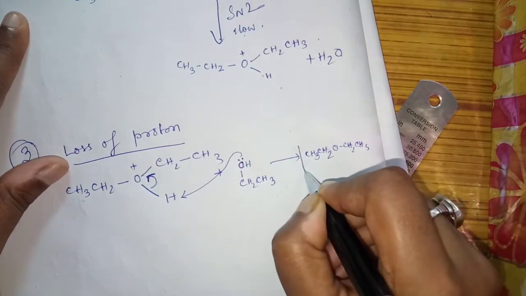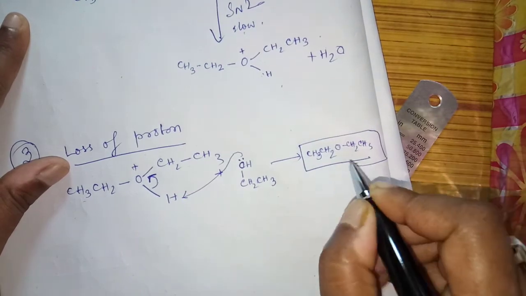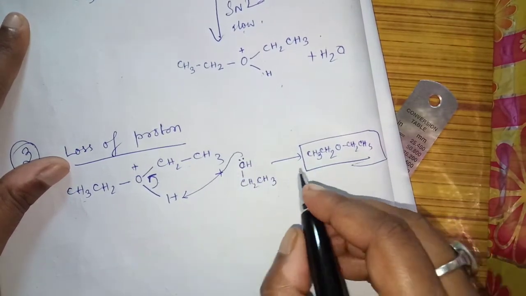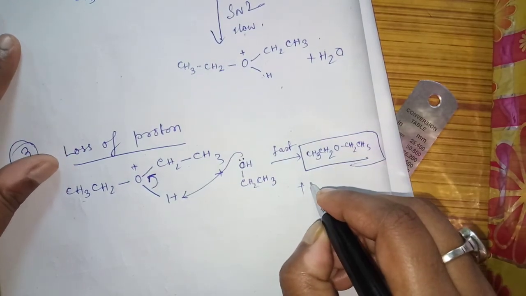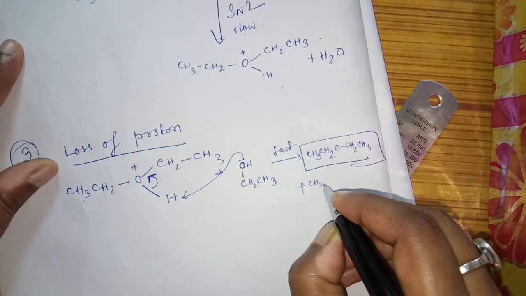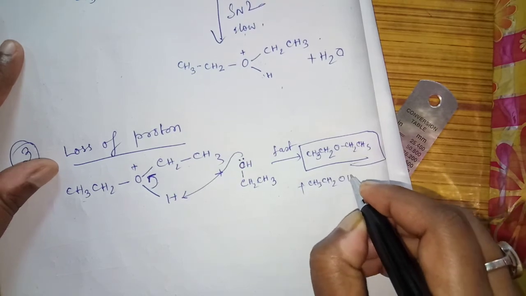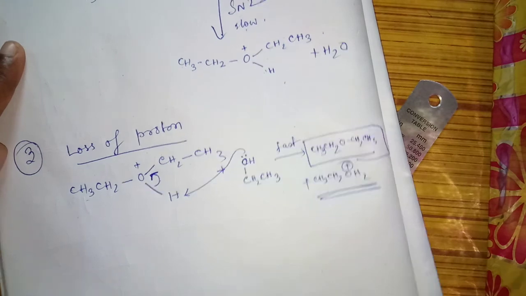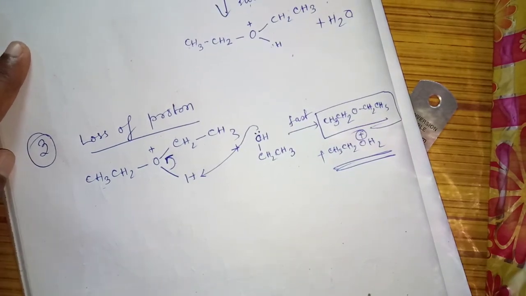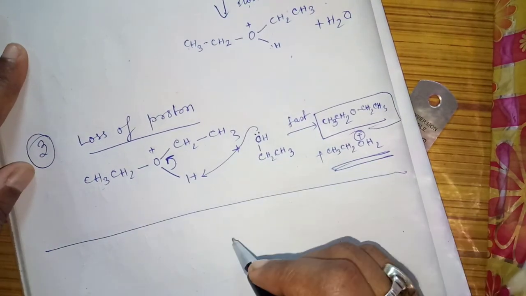Okay, this is our ultimate product, which is our ether, and again the reaction will take place. This is the first step, and again we will get CH3CH2OH2 plus, so that the reaction can be continued. That's why. Okay, so this is the mechanism of the dehydration of alcohol to ether.